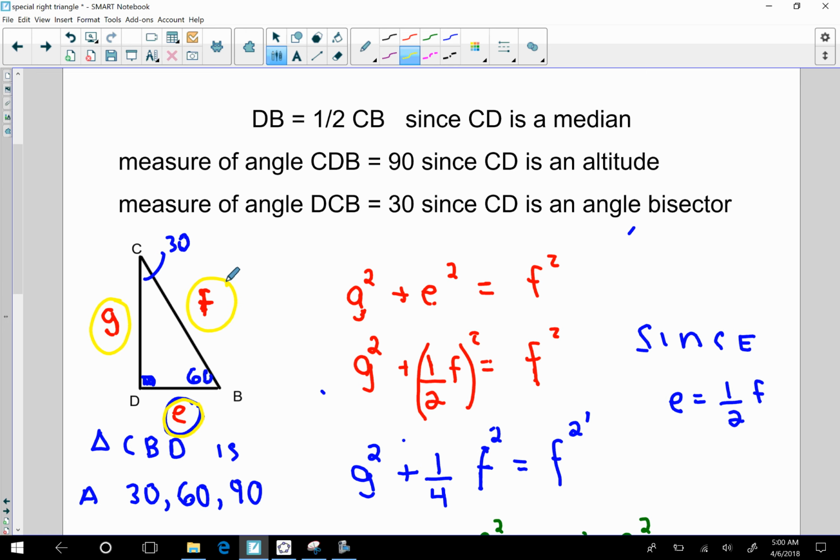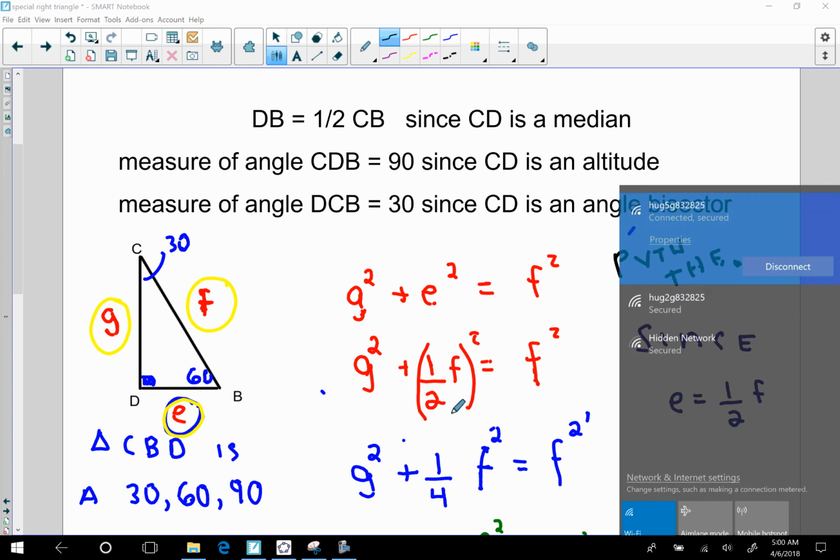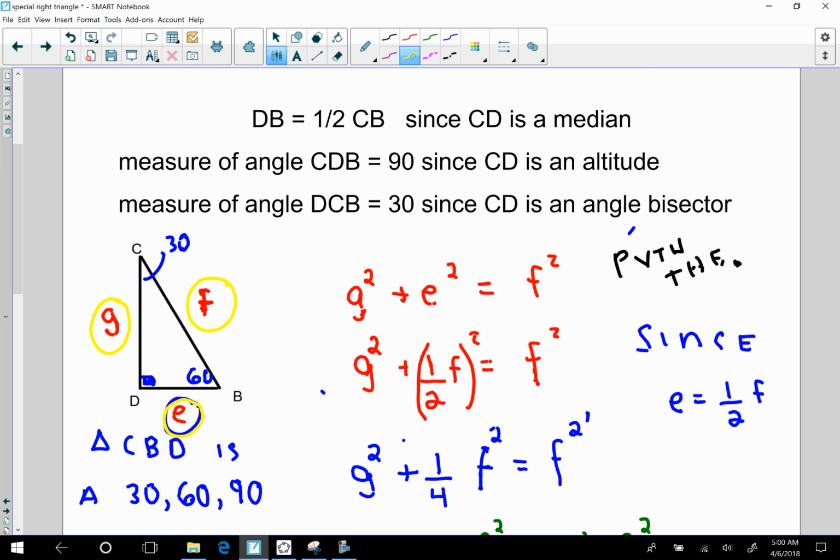Well, why is this true? Why is G squared plus E squared equal to F squared? You are absolutely right. Yes, Pythagorean theorem. And now, where did this 1/2 F come from?